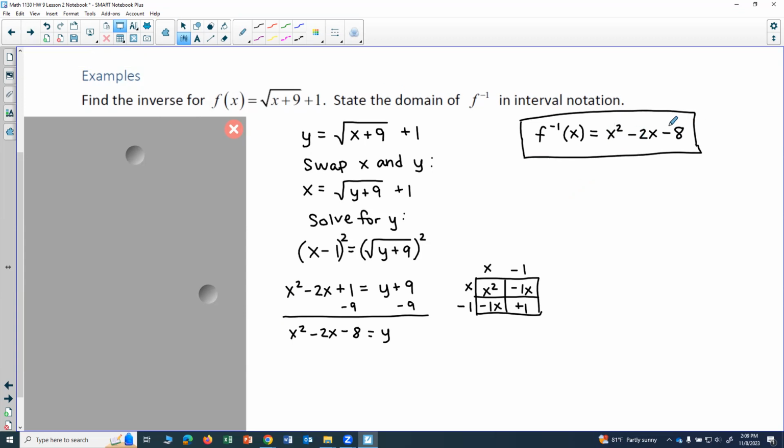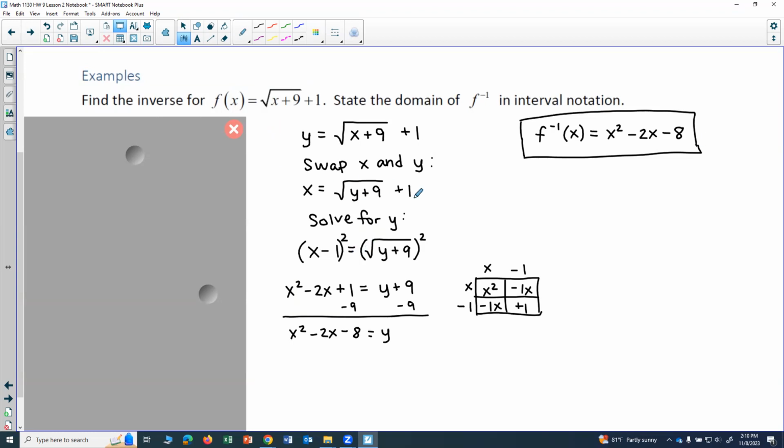So a quadratic can take any x value, but I will be restricted here because a quadratic, a parabola, is not 1-to-1. So I have to do a restriction so that I'm only looking at part of the parabola. And the restriction on the domain is going to come from the range of f.